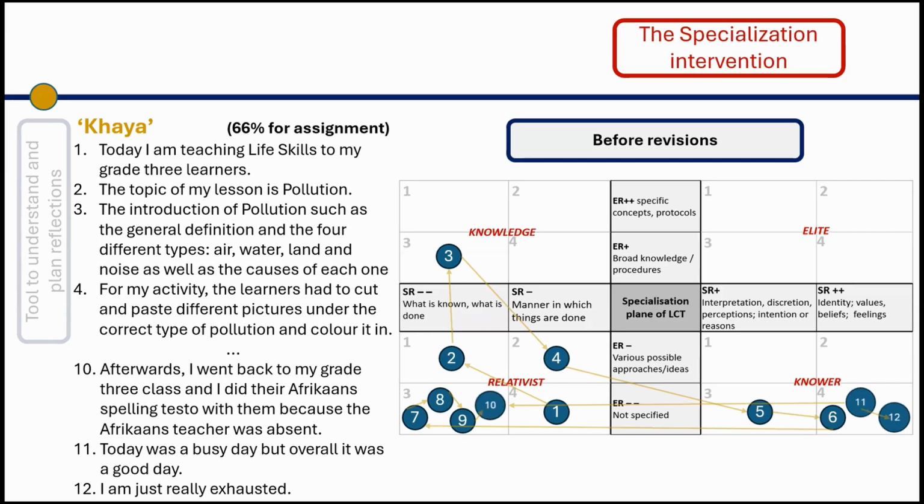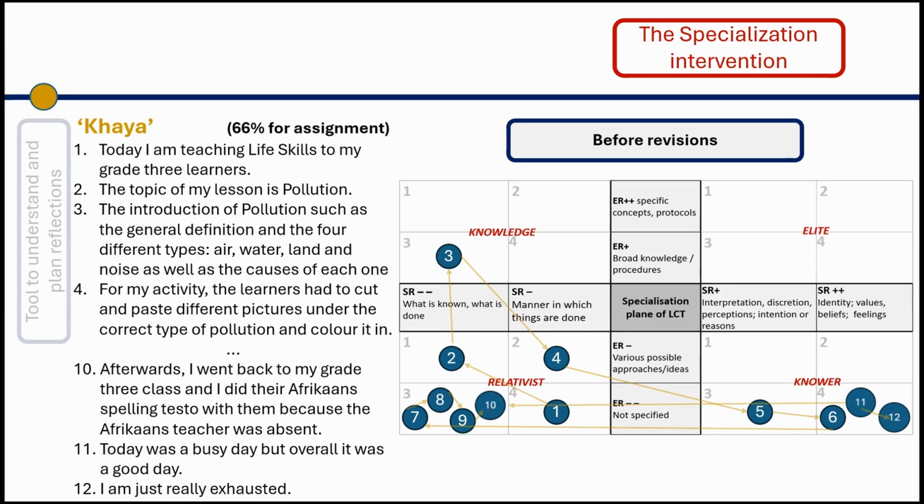Today I'm teaching this. The learners had to cut and paste. Afterwards, I went back to my grade 3 class and did the Afrikaans spelling test because the Afrikaans teacher was absent. Very descriptive, and then focused really on, I'm just so exhausted. Okay, valid, that's okay. But very much descriptive and focusing on the feelings.